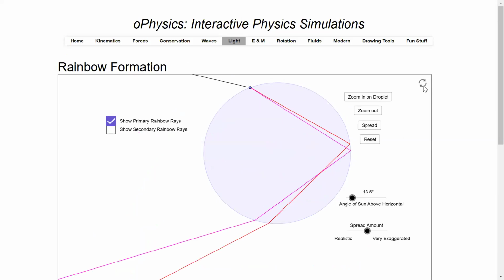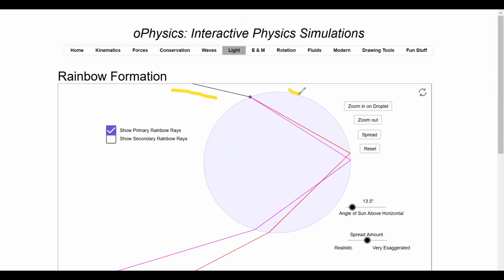You can see the water droplets there, and the sunlight coming into them. This is the water droplet, and the light has refraction here, reflection here, and refraction again here. So sunlight comes through the water droplet and exits from another face of the droplet.